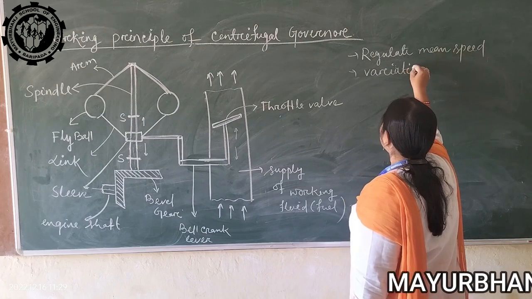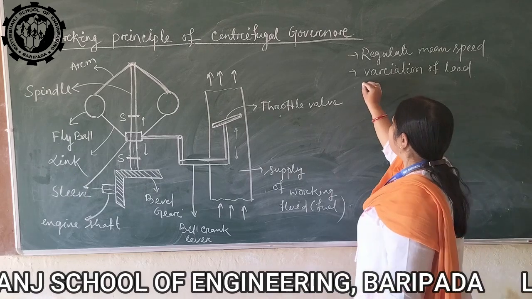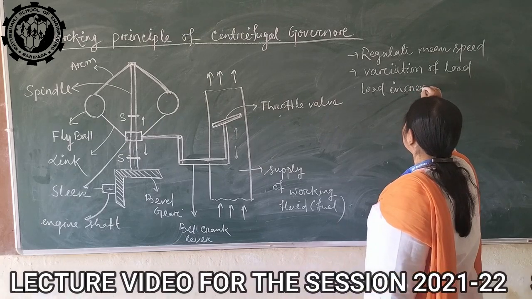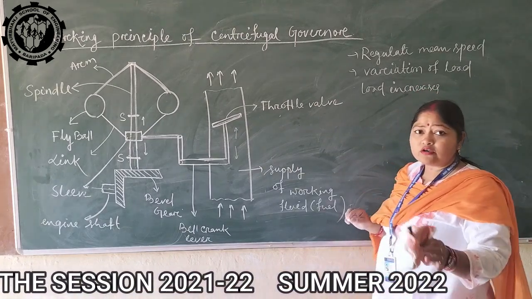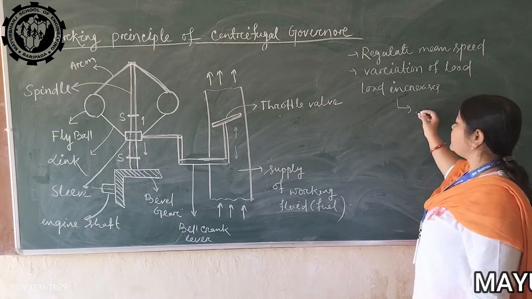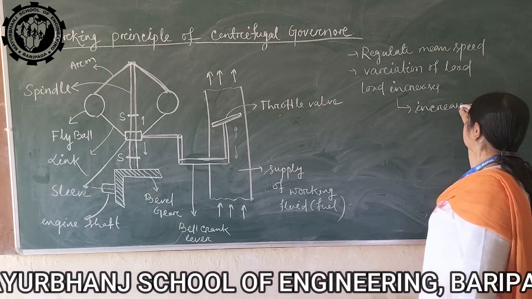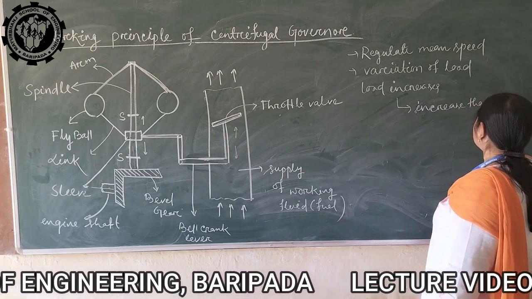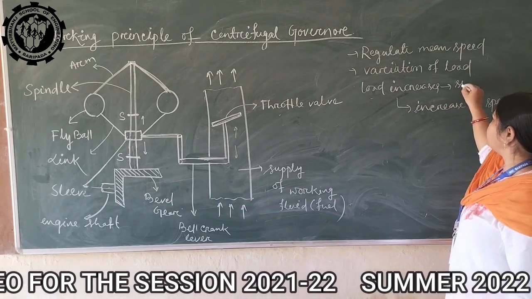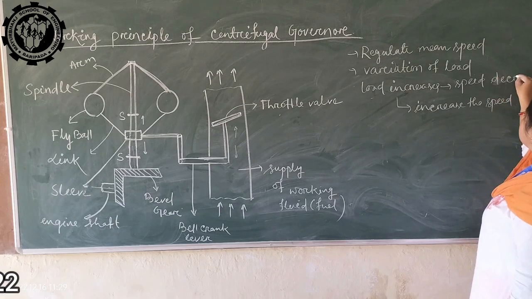When the load increases, the function of a governor is to increase the speed, because when the load increases, the speed decreases.